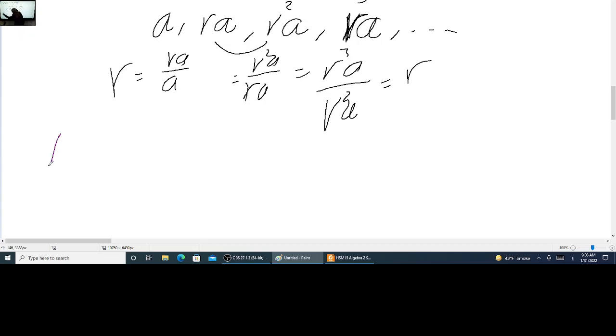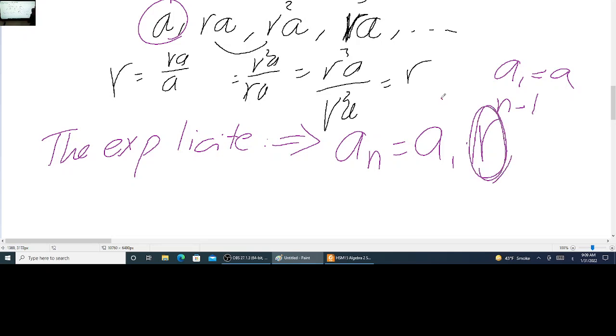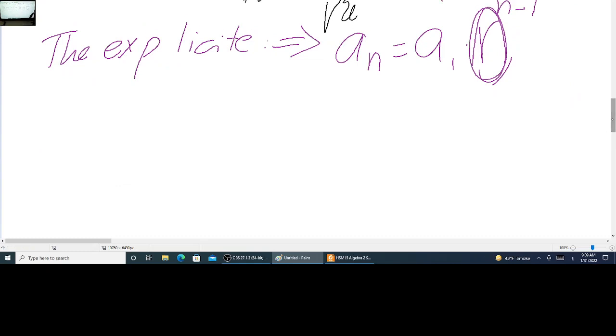Now the explicit definition of the geometric sequences is an equals a, which is a1, times r to the power n minus 1, where r is the common ratio.